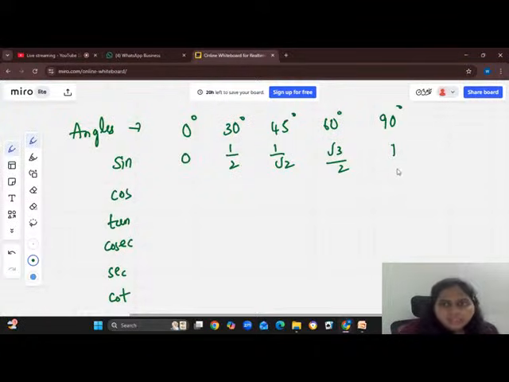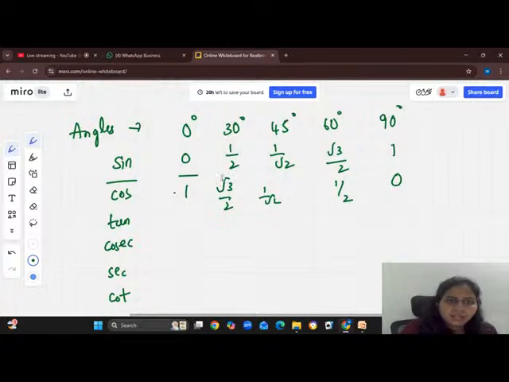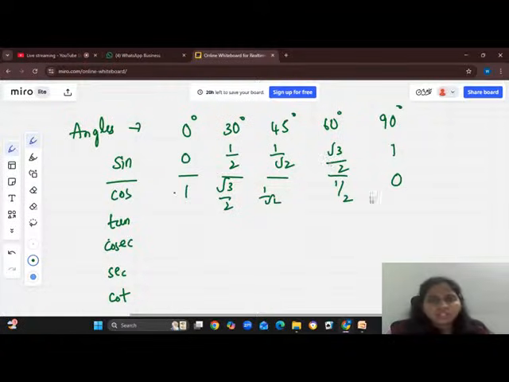Cos is the reverse: if you remember sine, just write the values in reverse for cos, like 1, root 3 by 2, 1 by root 2, 1 by 2 and 0. Tan is nothing but sine by cos, so just divide and write down. Cosecant is 1 by sine, secant is 1 by cos, cot is 1 by tan.